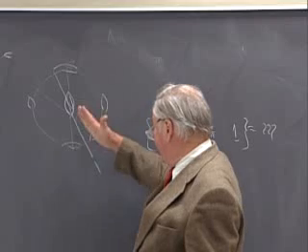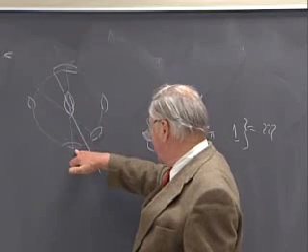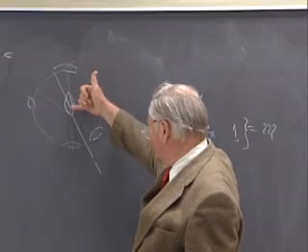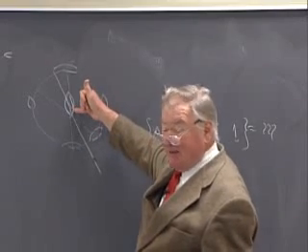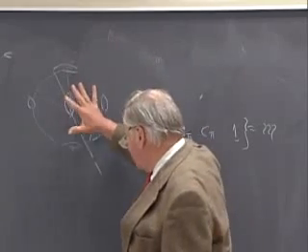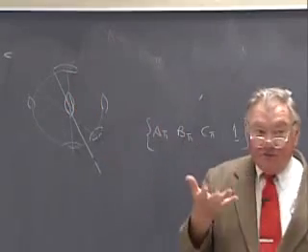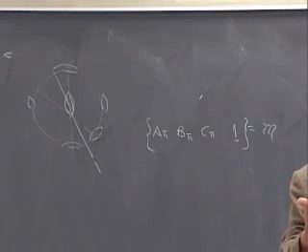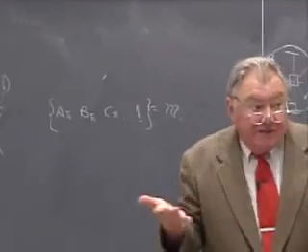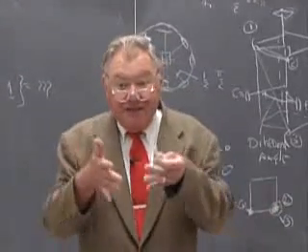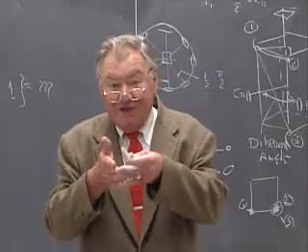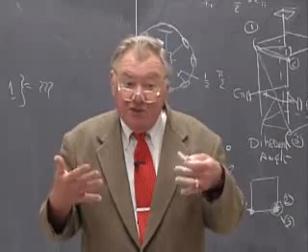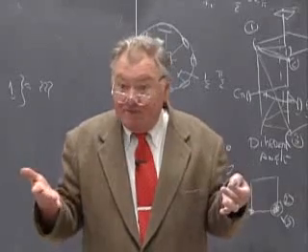Or alternatively, if we put it in carefully at 45 degrees with this twofold axis, we're going to get twofold axes that are 45 degrees apart, and that's going to change this into a fourfold axis.